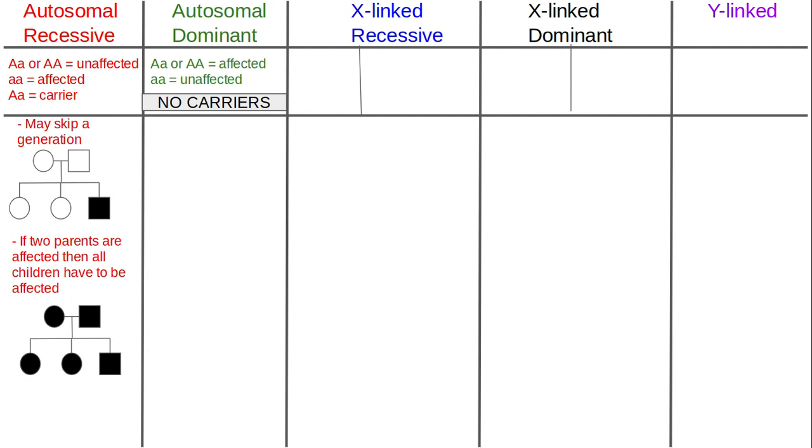In dominant linked pedigrees, you cannot really be a carrier, because if you have a dominant gene, it presents itself if you have a big A or any sort of A. So a big A and a little a would be showing the dominant gene and showing that you have the disease. In this case, it does not skip generations.